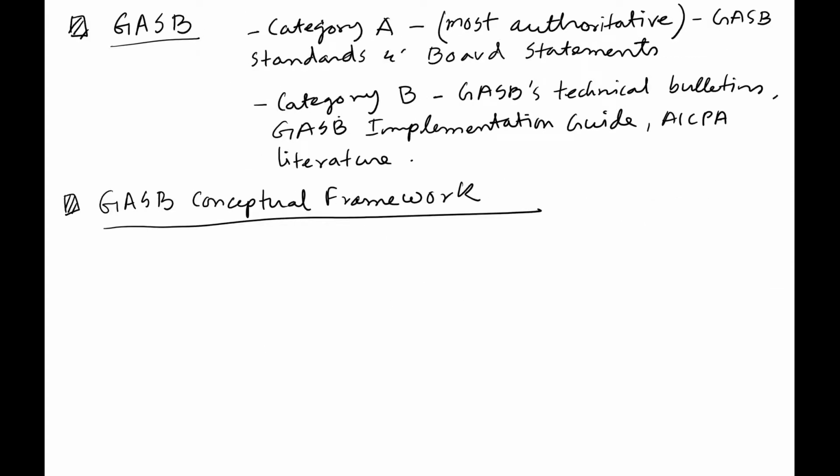Now we will focus on GASB's conceptual framework. The GASB actually has outlined its conceptual framework for governmental financial reporting, and it is mentioned in GASB's Concept Statements number 1 to 6. So you can take a note. It is actually in Concept Statements 1 to 6.